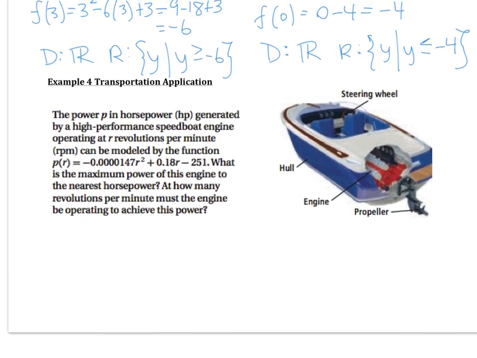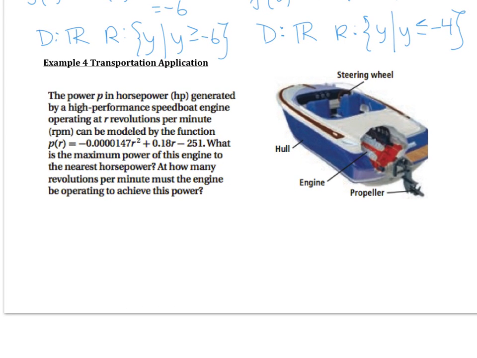Okay, we're going to do some applications. Is this a maximum power? At how many revolutions per minute must the engine be operating to achieve this? Okay, so the maximum power, and again, this is negative, so it opens downward, so we do have a max.